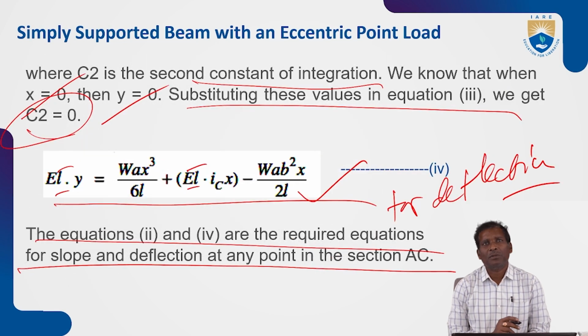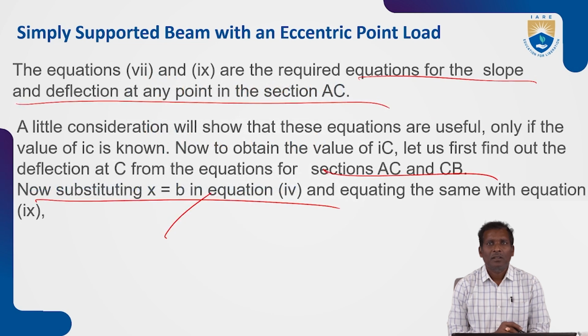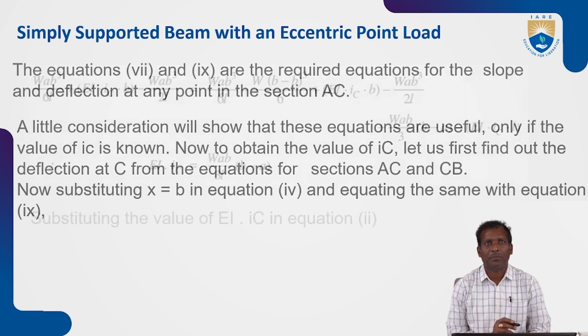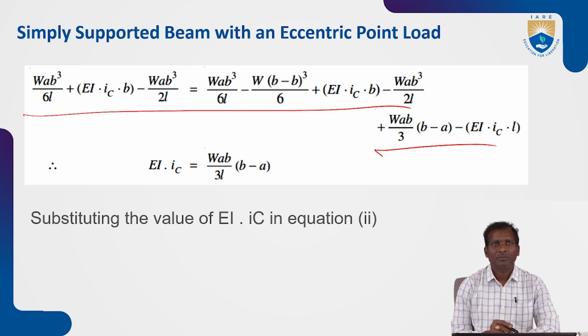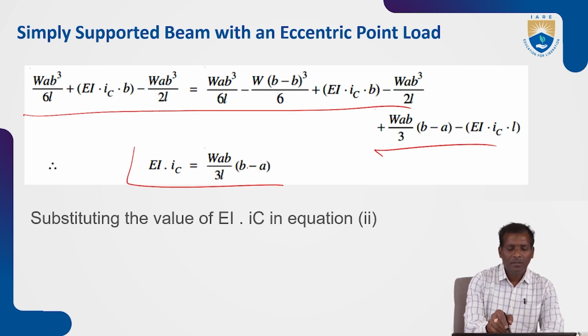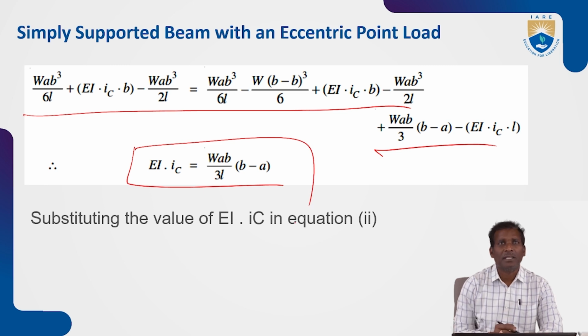In this, substitute x is equal to b. Clear? So we are finding the deflection at AC and CB. So equate these two equations. We'll get EI into θC is Wab by 3L into b minus a.